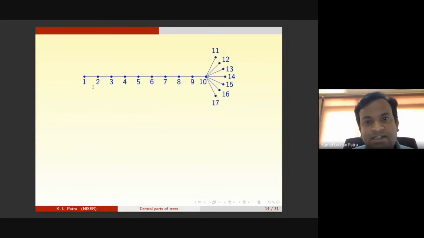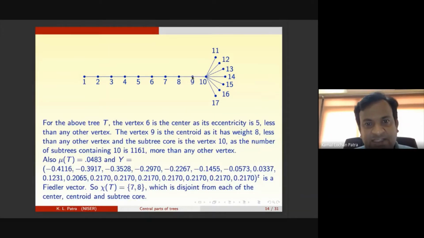So consider this tree on 17 vertices. With these four definitions, one can easily check that vertex 6 is the center and vertex 9 is the centroid. Also it can be easily checked that vertex 10 is the subtree core of this tree.